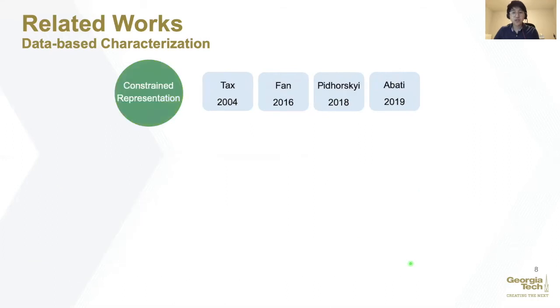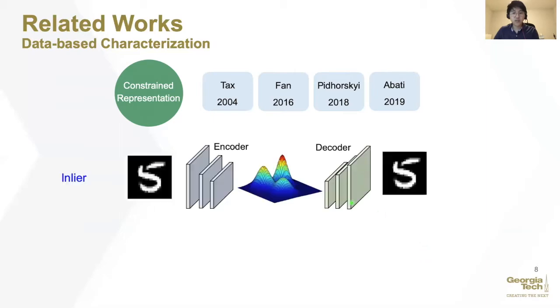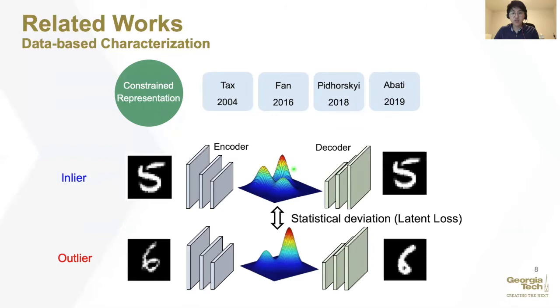Utilization of constrained representation is another popular approach for novelty detection. For instance, many existing works constrain the latent representation of the autoencoder to a probability distribution, such as a Gaussian mixture model, and utilize latent loss to measure how the latent representation statistically deviates from the constraint.